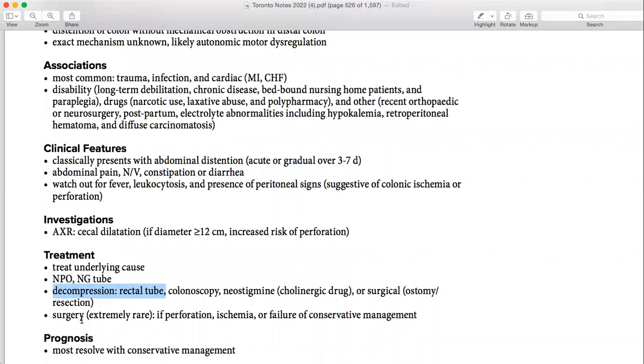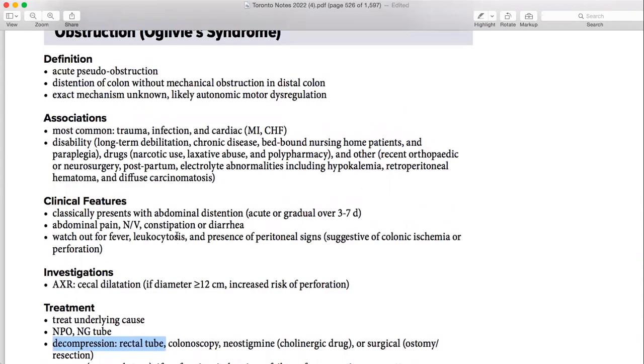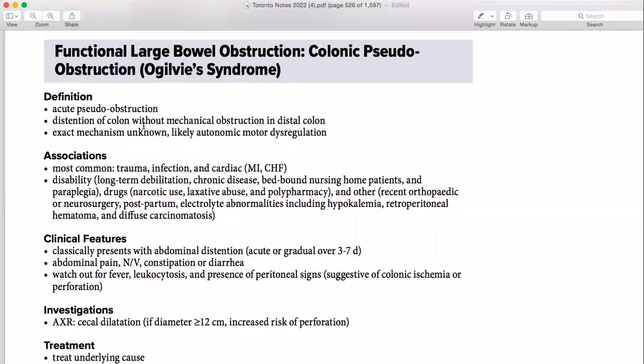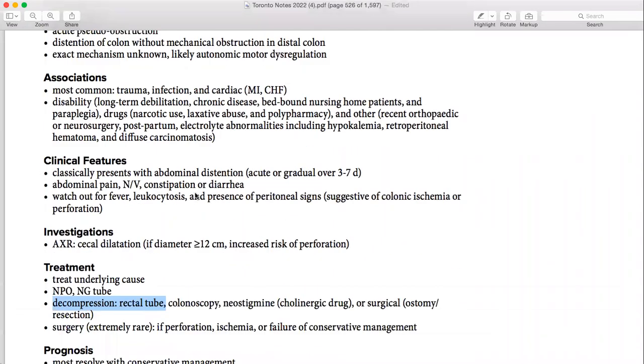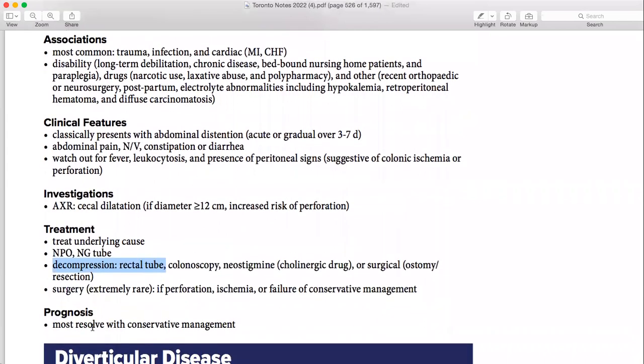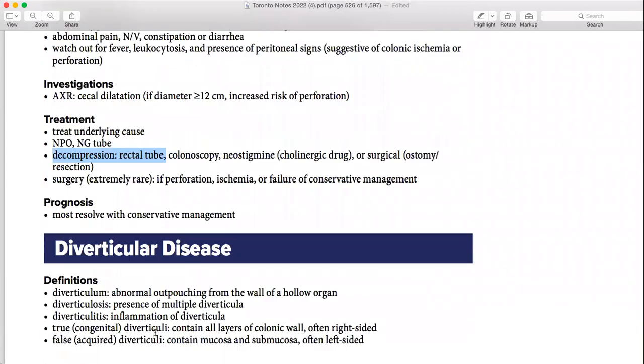Then surgery is rarely performed, because if that particular thing that was causing this problem is removed, it will be very easy to get treated. So most resolve with conservative management.